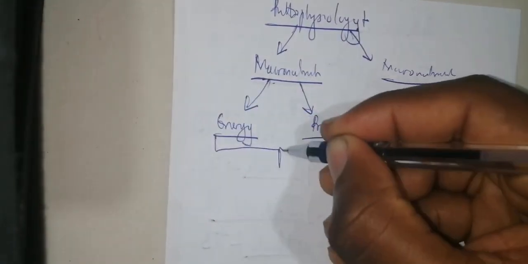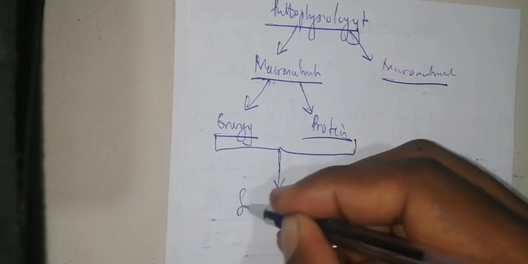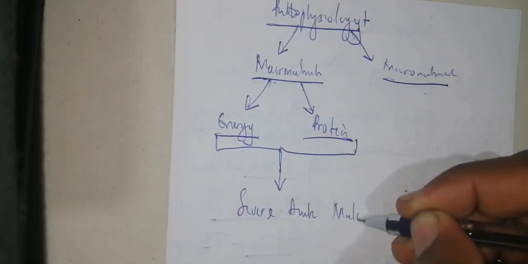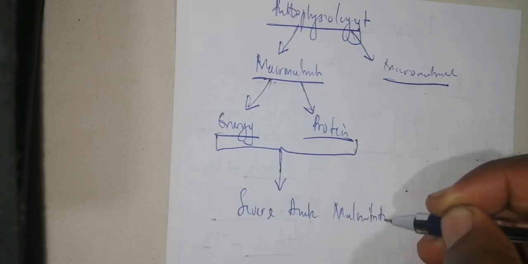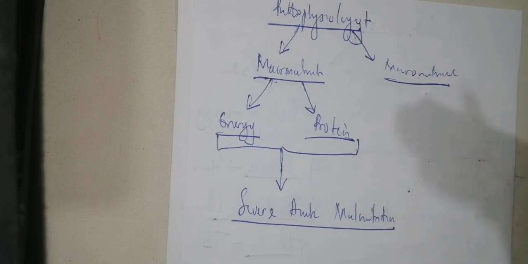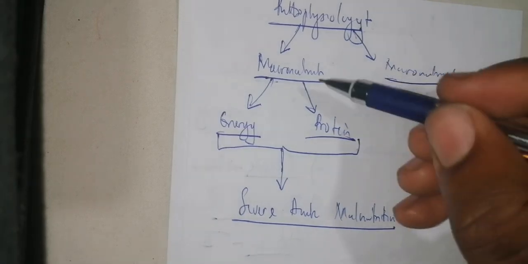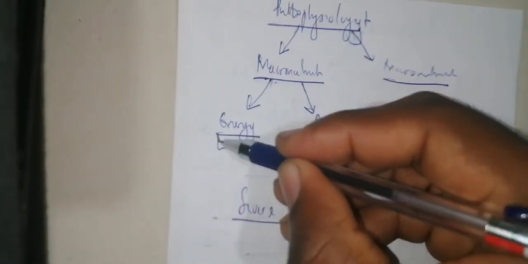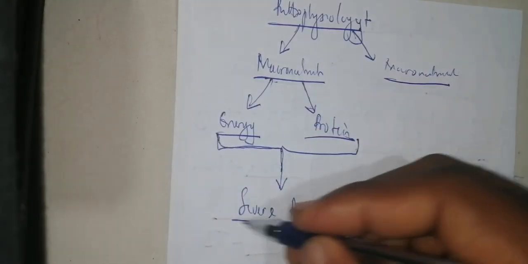Is it clear? And this pathogenesis is going to be mostly seen when you have a problem called severe acute malnutrition. So this is the major one that has the complications. All of them can have the complication, but the macronutrient disorders are mostly going to be visualized in a patient that has what?